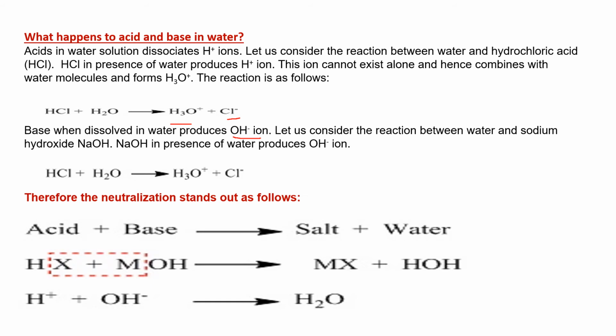In the previous slide, whatever reaction we did, we were supposed to write that reaction. By mistake, this reaction has been written double. So we have done sodium hydroxide, NaOH, plus water gives sodium ion plus hydroxide, OH ion, right?